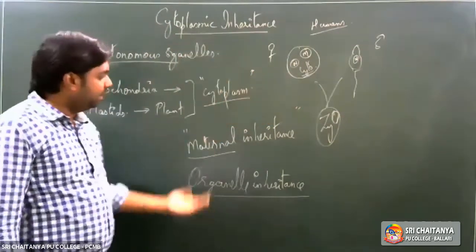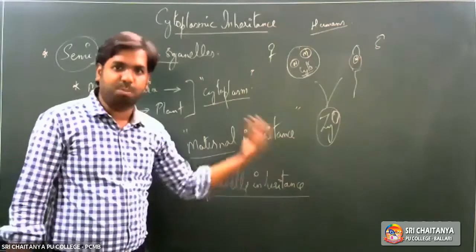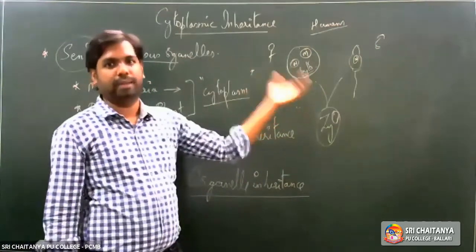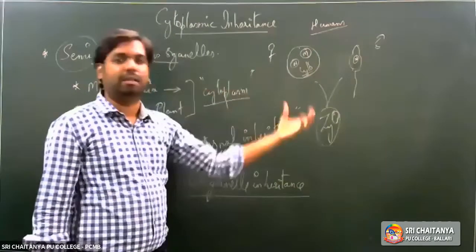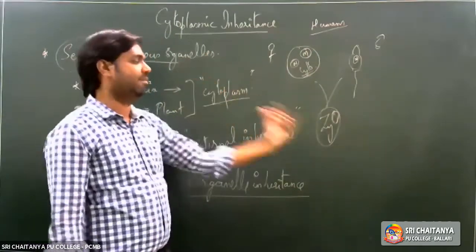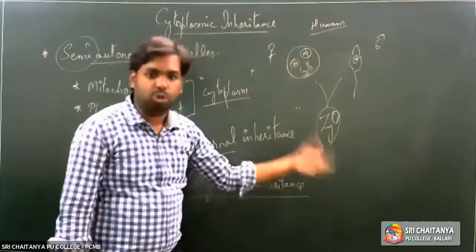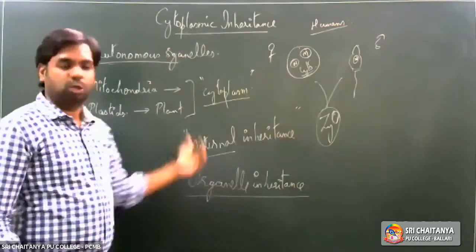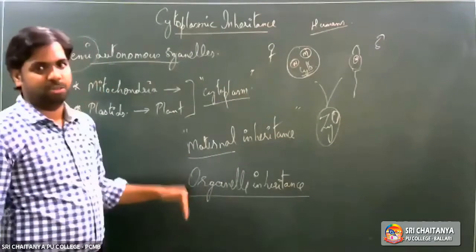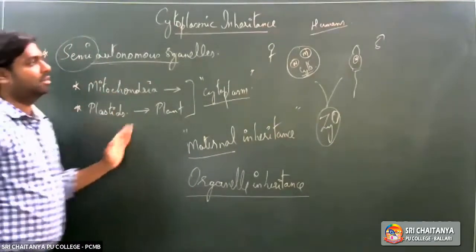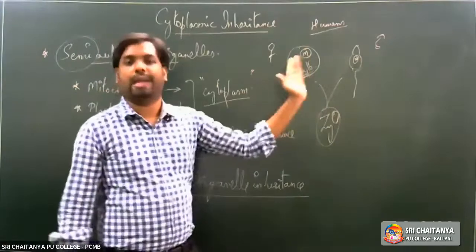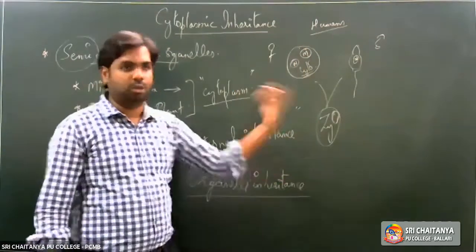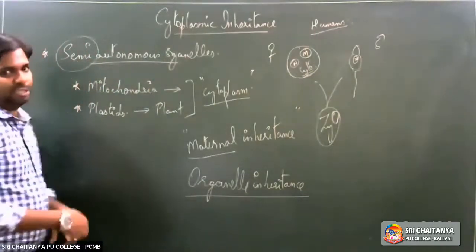The same type of inheritance, we also call maternal inheritance, because whatever genetic material is present in the cellular organelles of the mother is being transferred to the offspring through the mother. Therefore, we also call it maternal inheritance, and we also call it organal inheritance, because the organelles which are present in the cytoplasm of the mother are actually being inherited by the offspring.